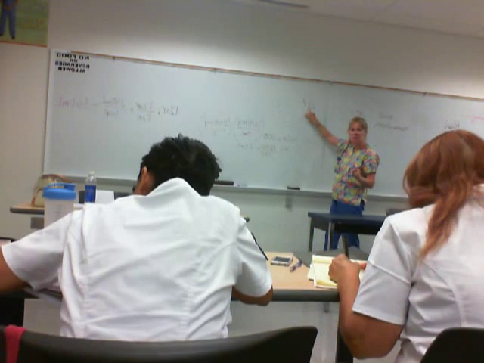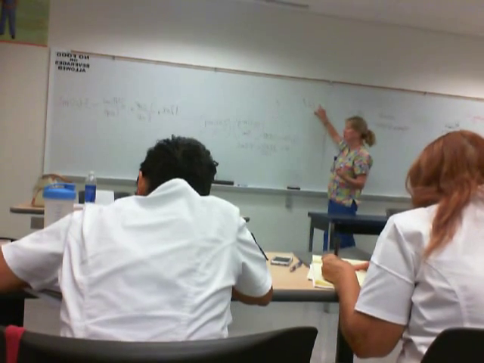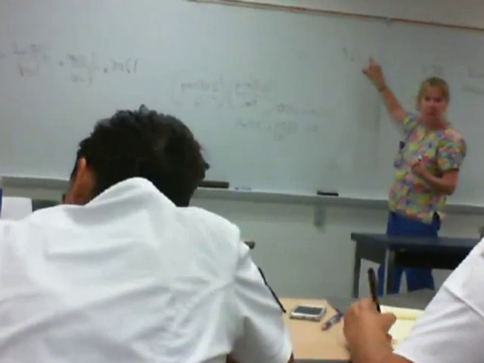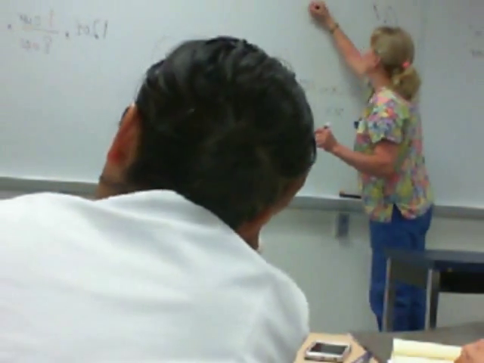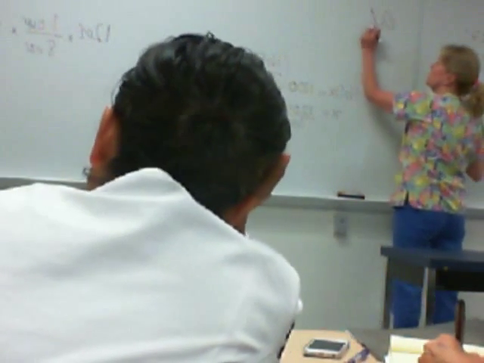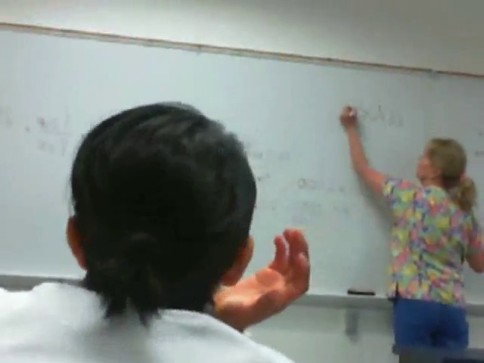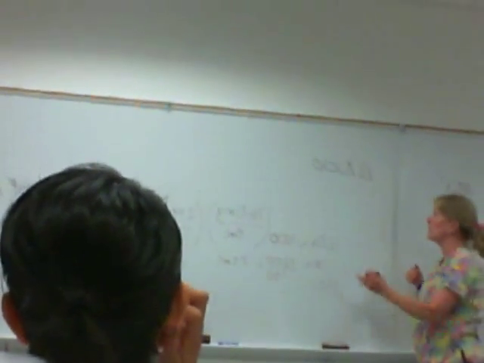So if you have a decimal point, always make sure you have a number, even if it's a 0, in front of the decimal point. For zeros after the decimal point, don't bother putting them down, because they don't mean anything.